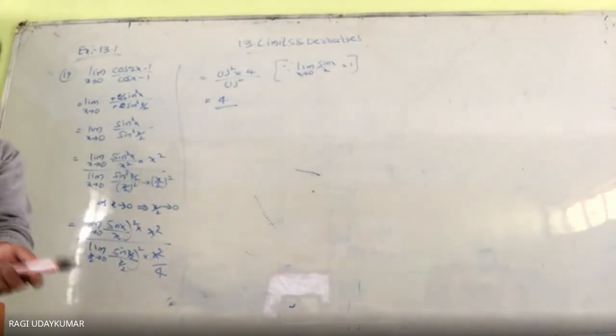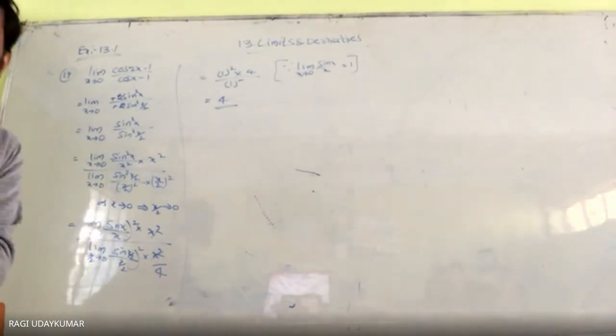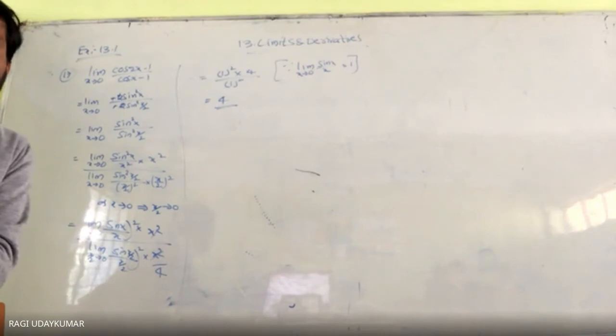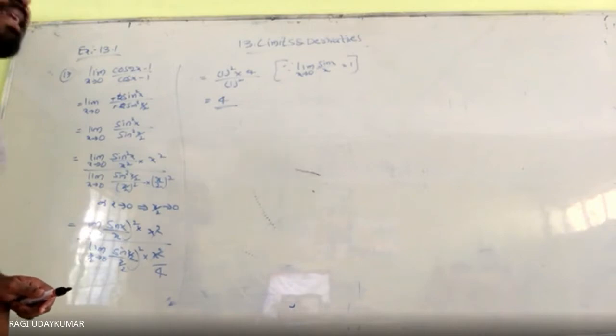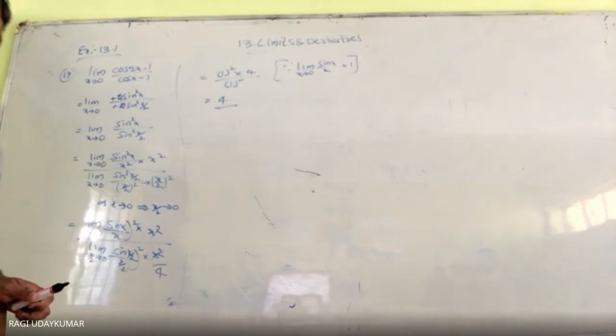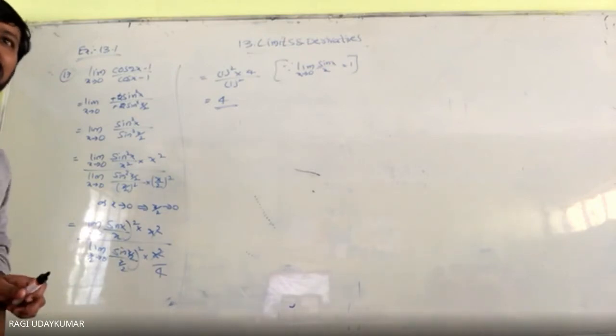You can do it in multiple ways, not only this way. Whichever way you do it, you are going to get the final answer as 1. So if you do rationalization first, actually the terminology rationalization is not at all correct, because you cannot say the denominator is a rational number.